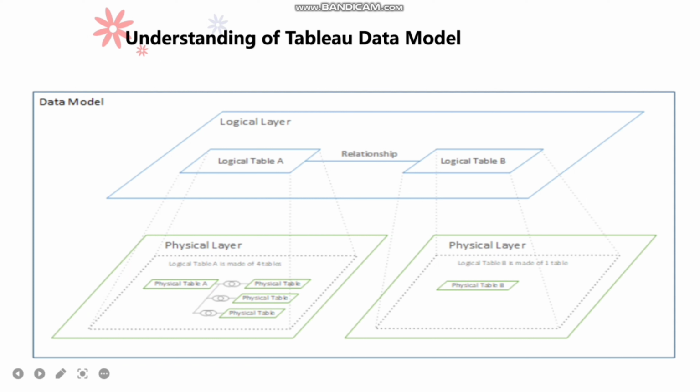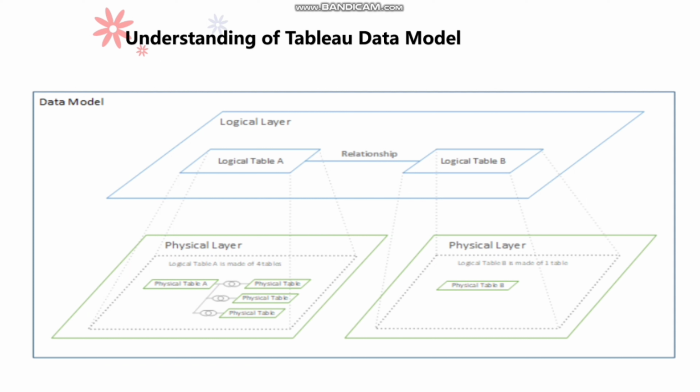The same way, if you observe logical table B, we have only one table which is in a physical layer, and it is underlying beneath the logical table. So whether it's a single table or multiple tables, it will be placed within a physical layer and then it will be underlying beneath the logical canvas or logical table.